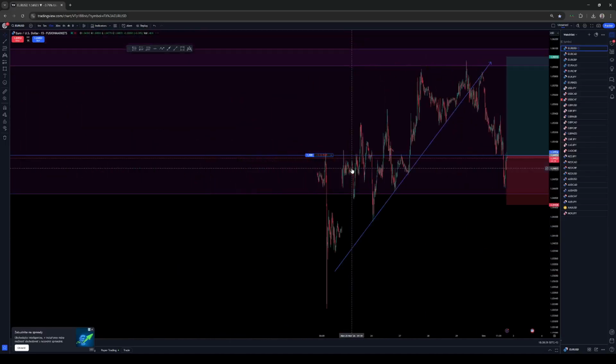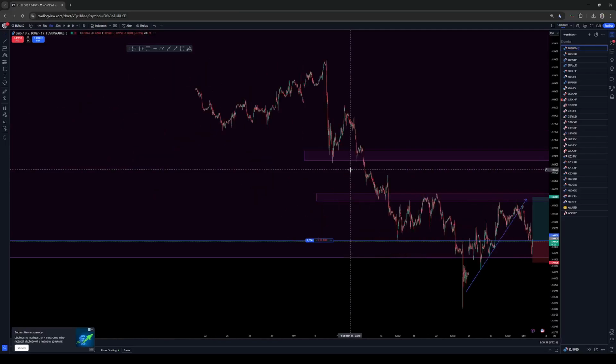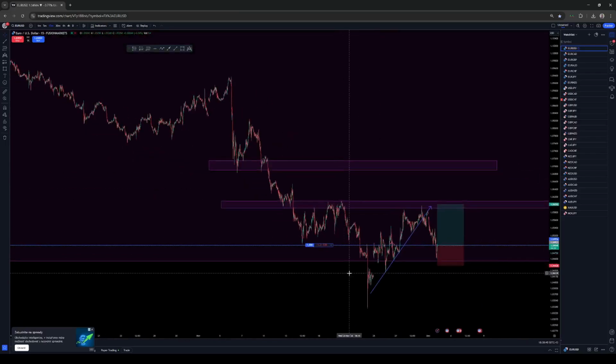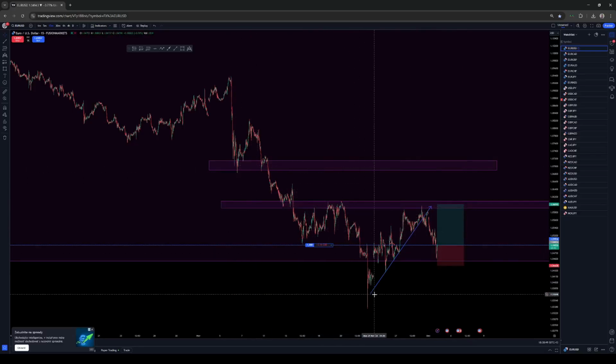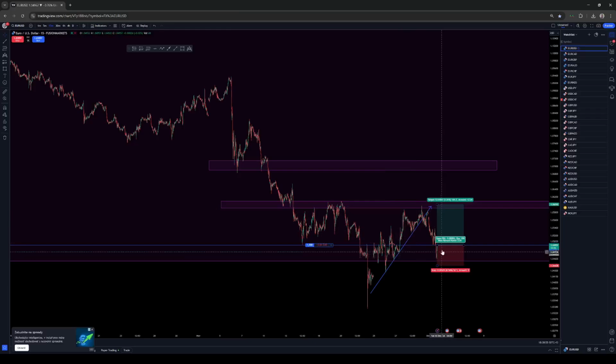So basically, that's my point of view on this pair: we might go higher, because it was almost a breakout, then came back into the range, and now might be holding up this range and still go back to the upside.